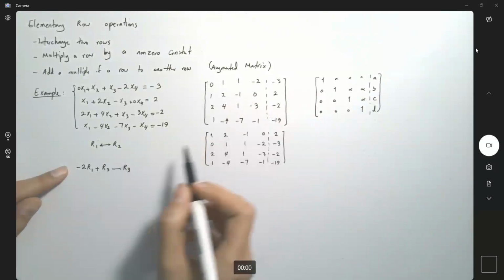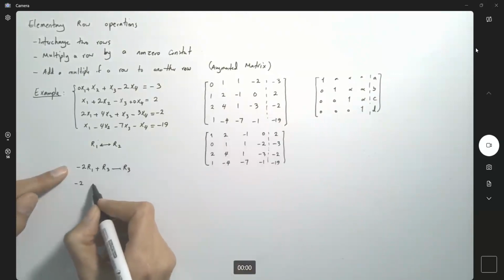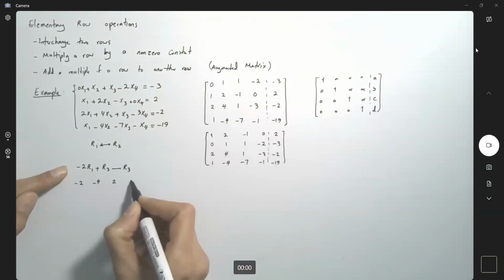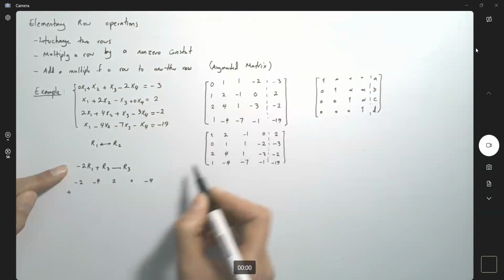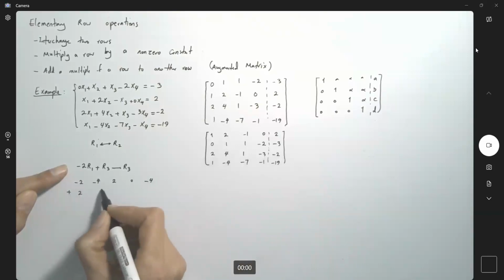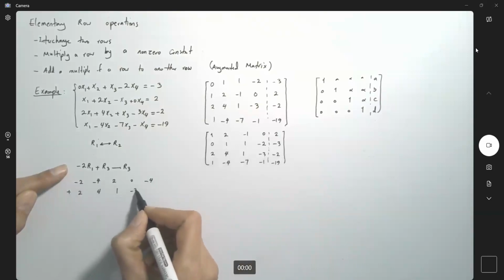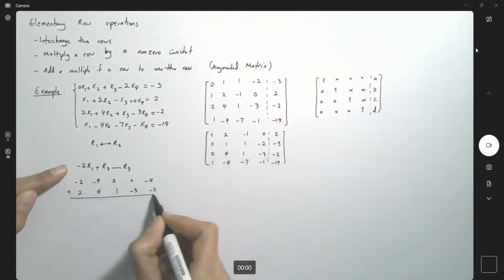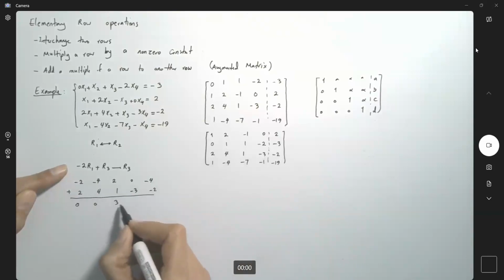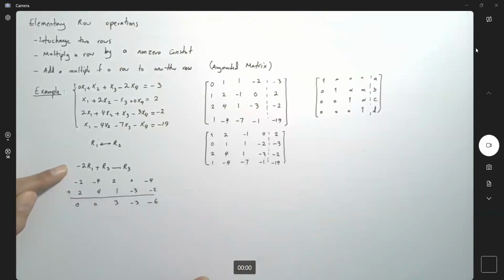So negative 2 times R1, it gives us negative 2, negative 4, 2, 0, and negative 4, plus the third row, which is 2, 4, 1, negative 3, and negative 2, which is 0, 0, 3, negative 3, and negative 6.